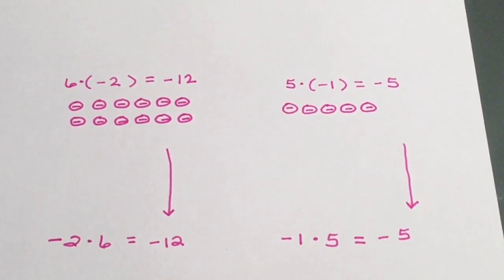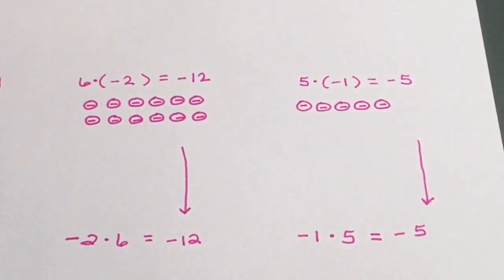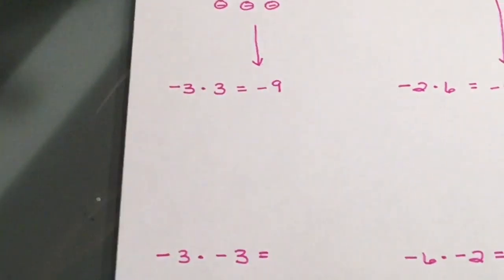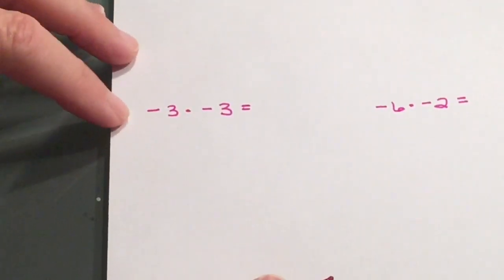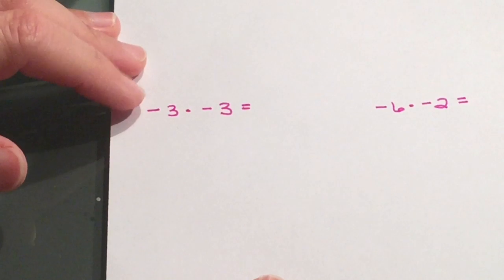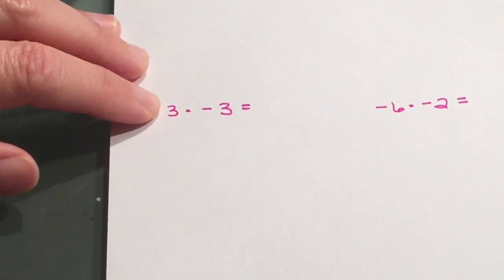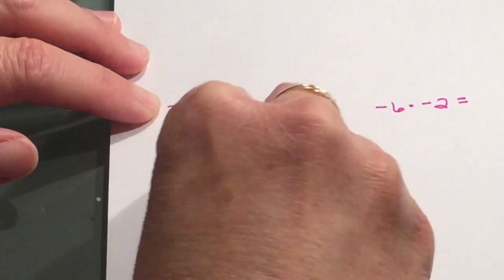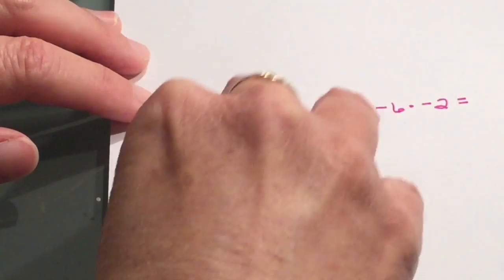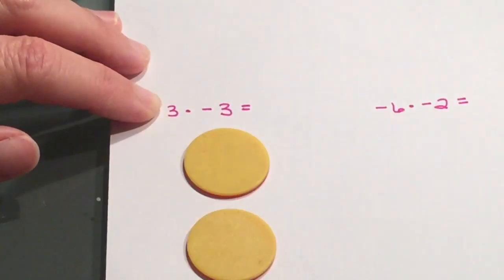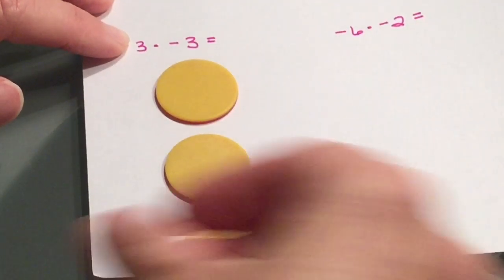So let's look at our last thing that happens here. And this one's a little bit trickier to see. Okay, if I have negative 3 times negative 3, I'm going to cover up this negative real quick, and I'm going to say, okay, I have 3 sets of negative 3. So there's a first set.